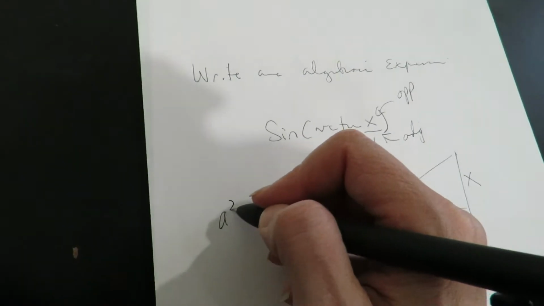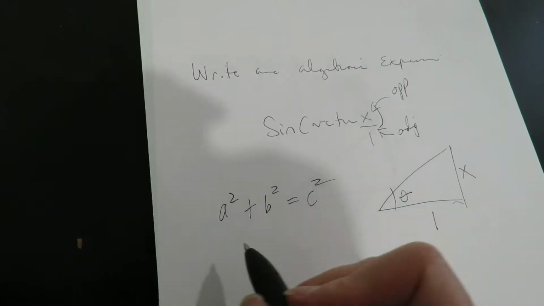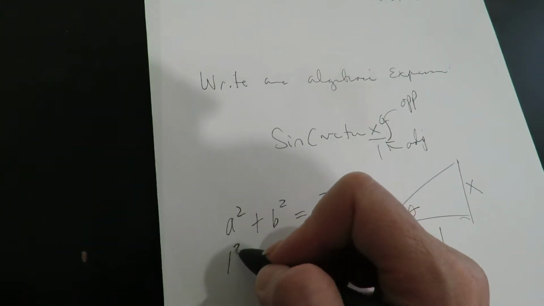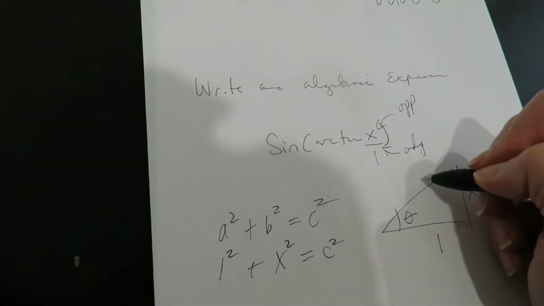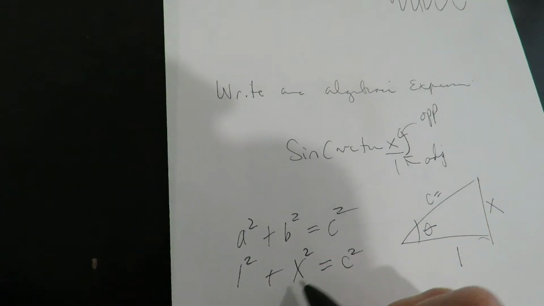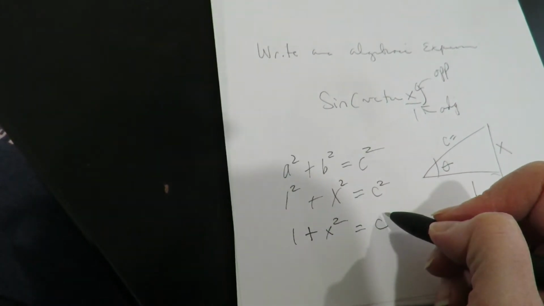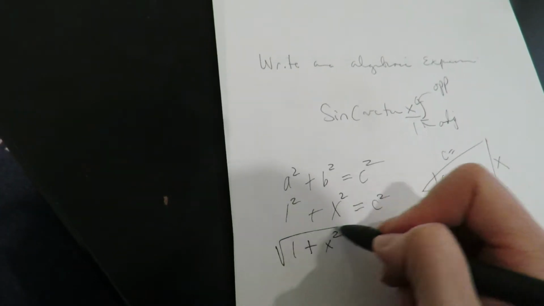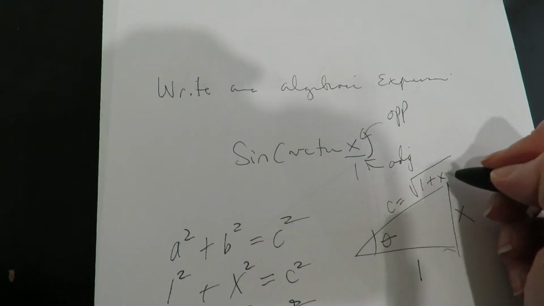So you're going to use the Pythagorean Theorem, but it's going to be a little weird because it's in variables. So a I have as 1, b I have as x squared, and I need to solve for c. I need to solve for this side here. So 1 plus x squared equals c squared, or the square root is equal to c. So c is the square root of 1 plus x squared.